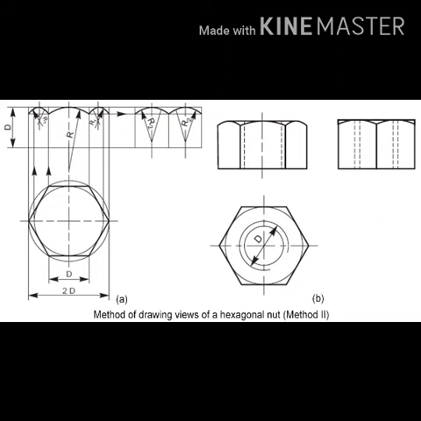This 3 by 4 circle and full circle show the major and minor diameter respectively. The 3 by 4 circle means the major diameter of the thread, and the full circle shows the minor diameter of the thread. We know that minor diameter value is 0.8d.